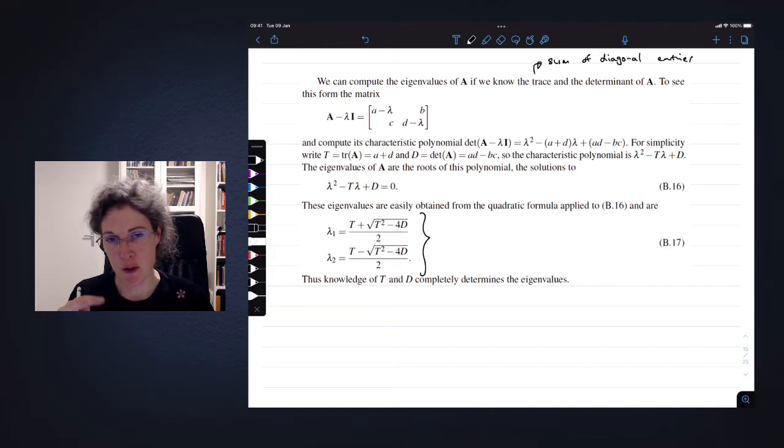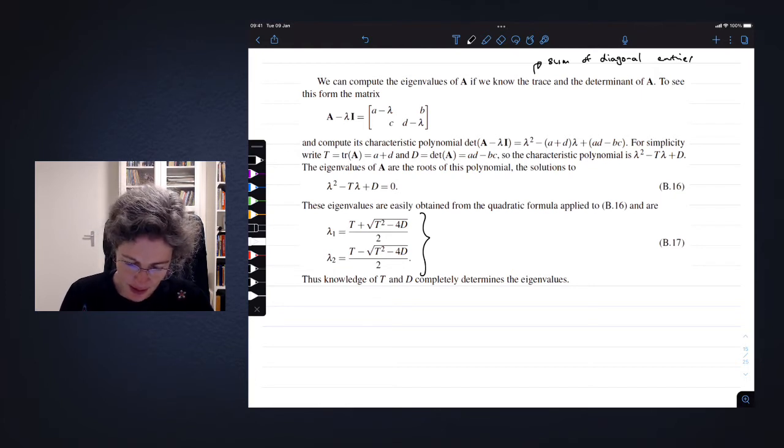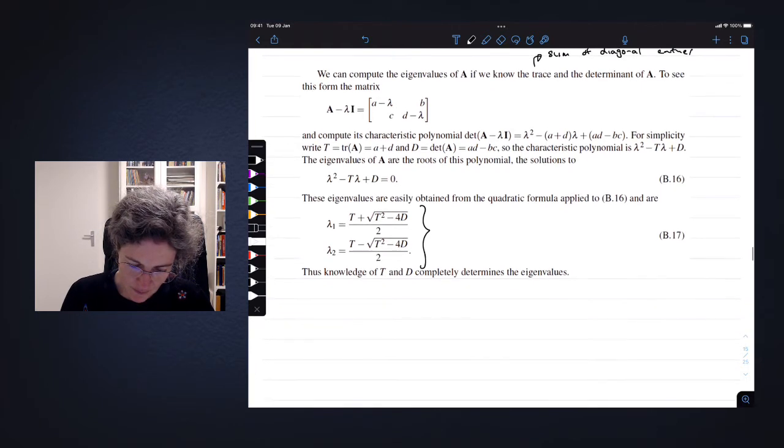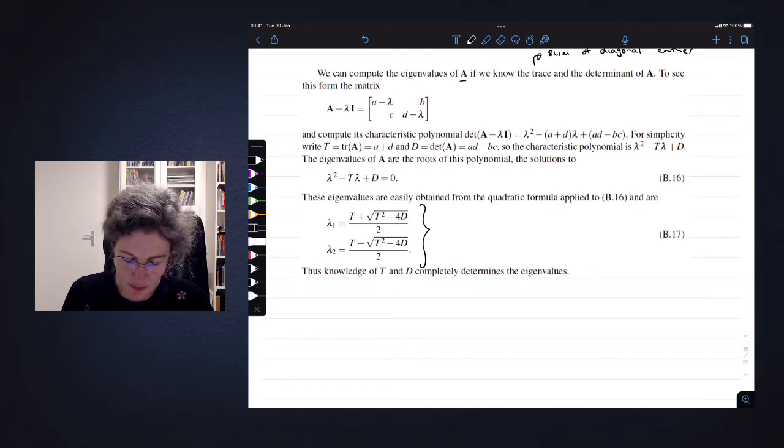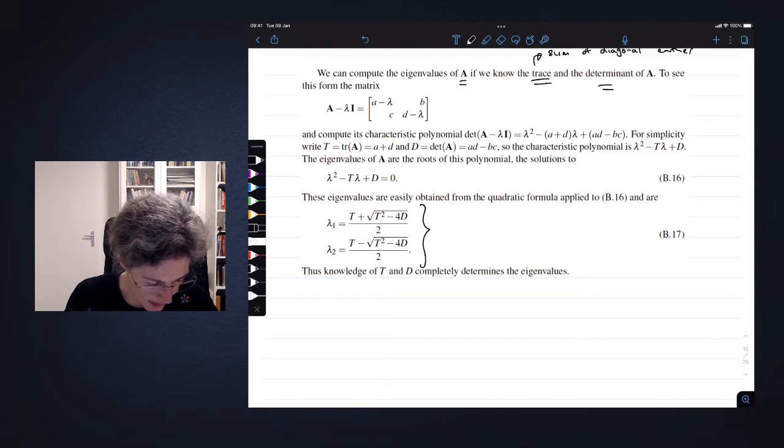If you're finding the determinant of a higher dimensional matrix, it's a bit more complicated. We're not really going to talk about that here. So if we want to find the eigenvalues of some matrix A, we need to find the trace and the determinant. So let's have a look at a quick example.